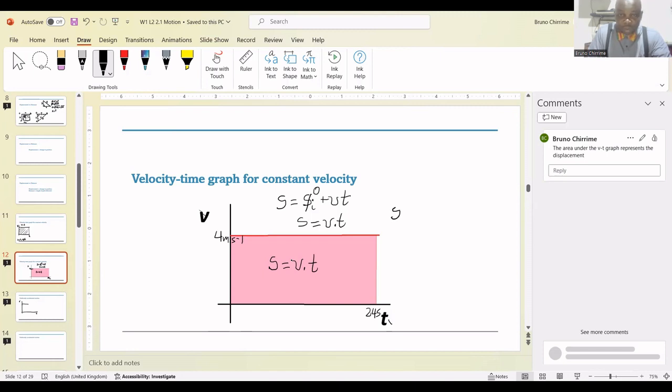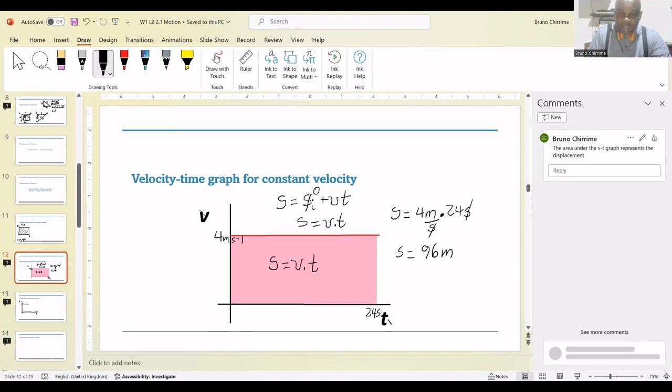Now you see what happens to the units: 4 meters per second and then 24 seconds. The seconds cancel out, and we will have our answer in meters. So 4 times 24. That means 24 times 2 is 48, and 48 times 2 is 96 meters. So in this example, our object has moved 96 meters all the way. So it shows us that the area under a VT graph represents the distance covered.